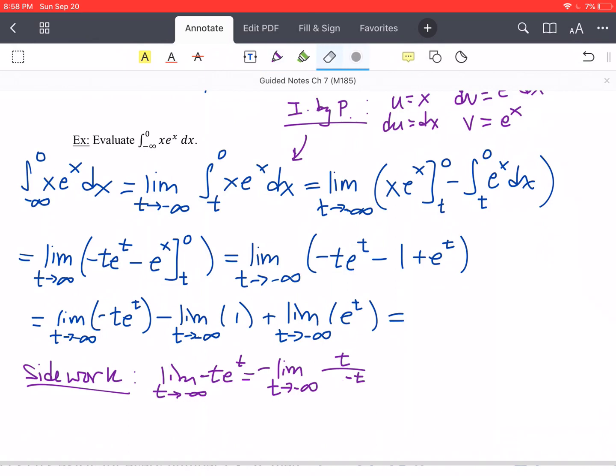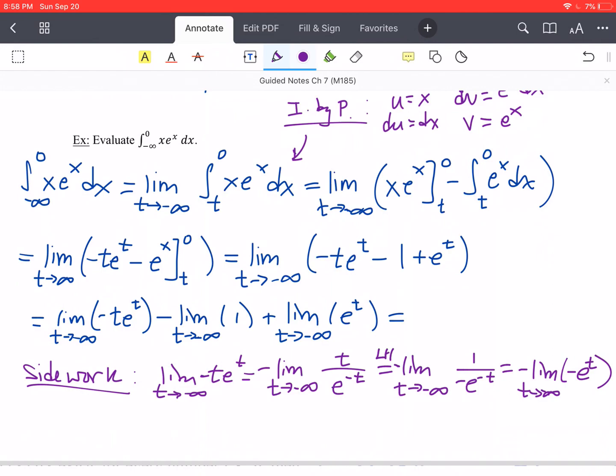Okay, so now this allows us to perform L'Hopital's rule. Take the derivative of the top and the bottom separately, we get 1 over negative e to the negative t. So we get negative the limit as t approaches negative infinity, and now I can move that back up, so this becomes negative e to the t.